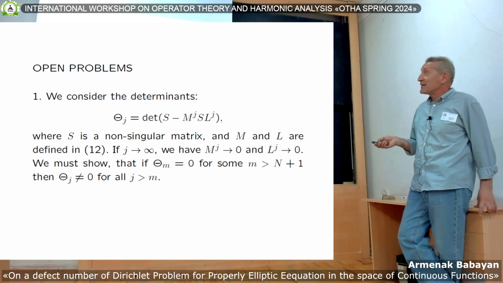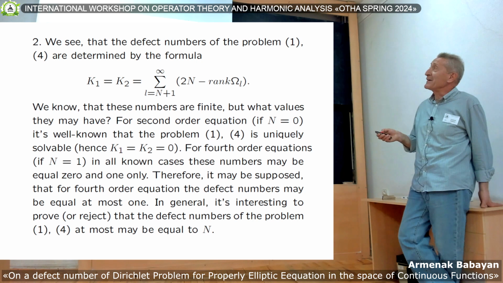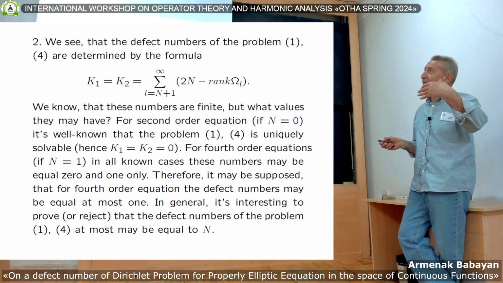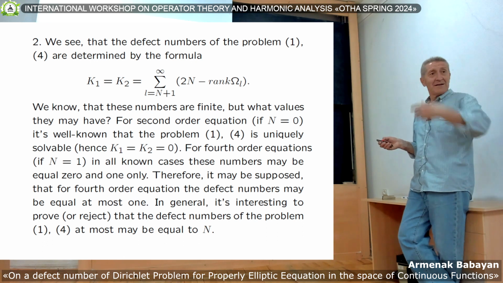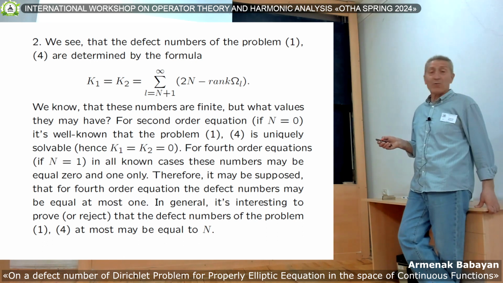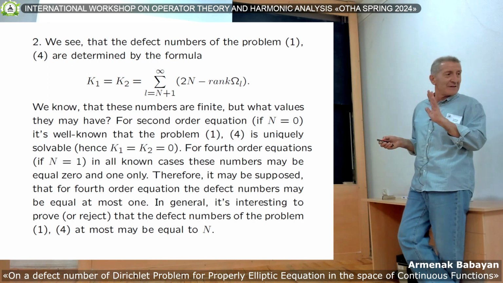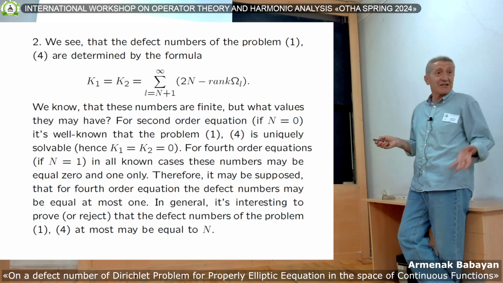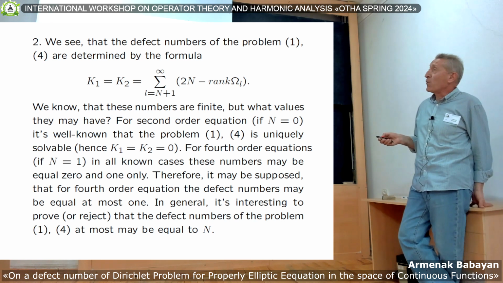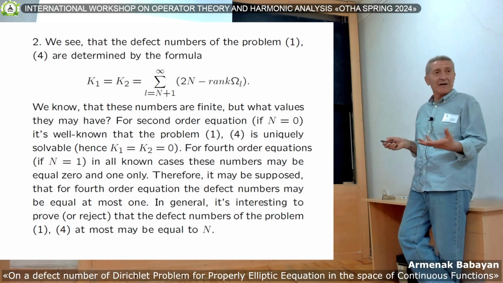And the next one is the following. We see that the defect numbers of the problem are determined by this formula. We know that if L is sufficiently big, then the rank will be equal to n. So in this sum, we have only a finite number of summands. But how many? For n equal 0, we know that the second order equation has only a unique solution.